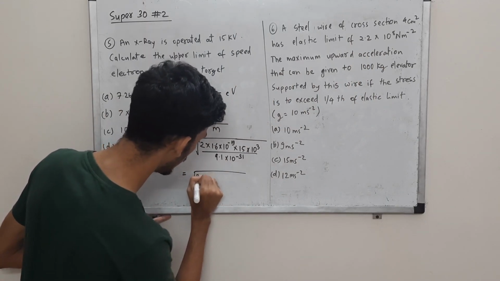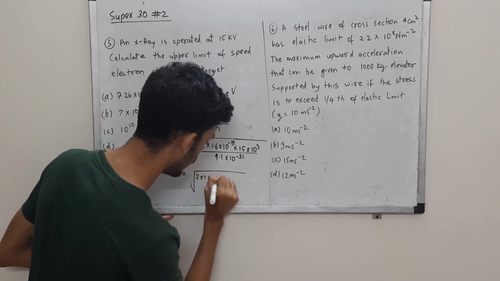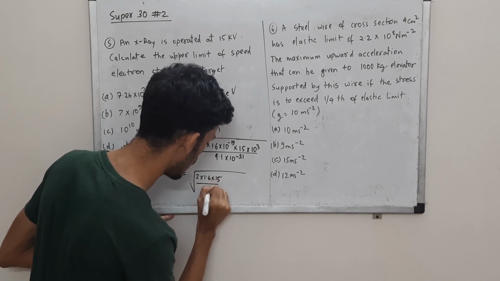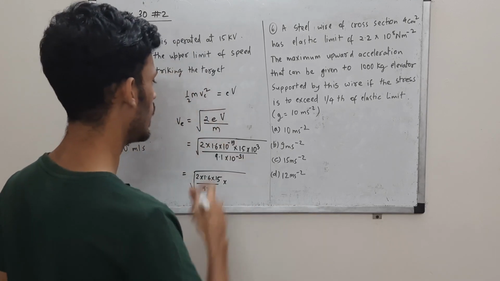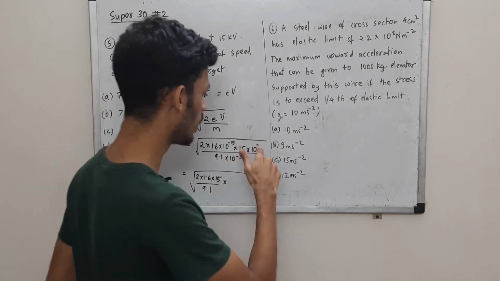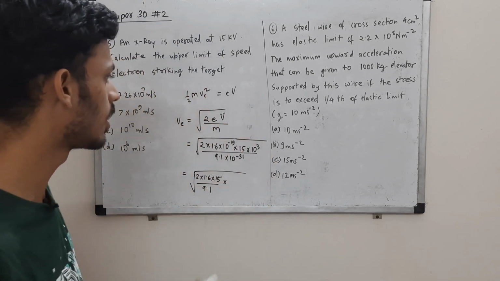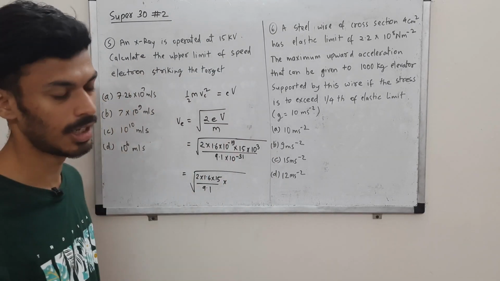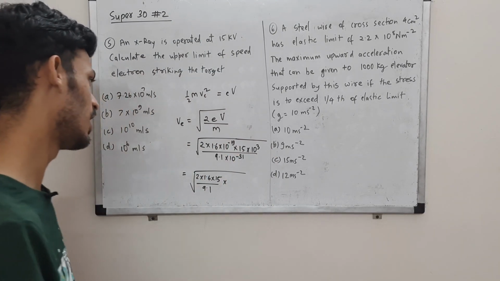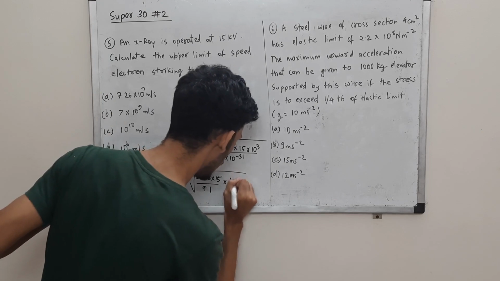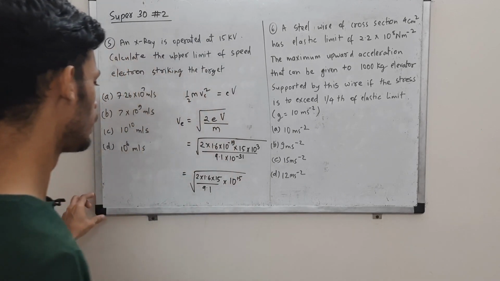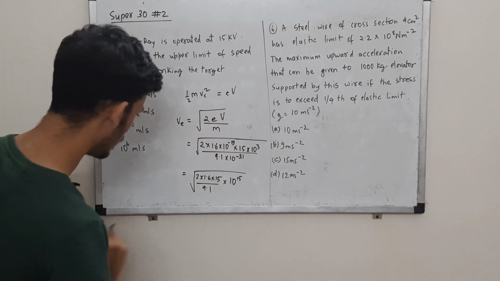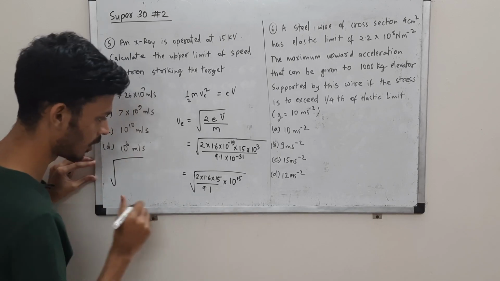So 2 into 1.6 into 15, we'll get this on one side, and this is 19, and this will become 31 plus what? 31 plus 3, 34. 34 and 34 and 19. 19 plus what is 34? I think 15. So here we'll get 10 to the power 15. So this is simple now. Not so much, but yeah, we'll approximate.